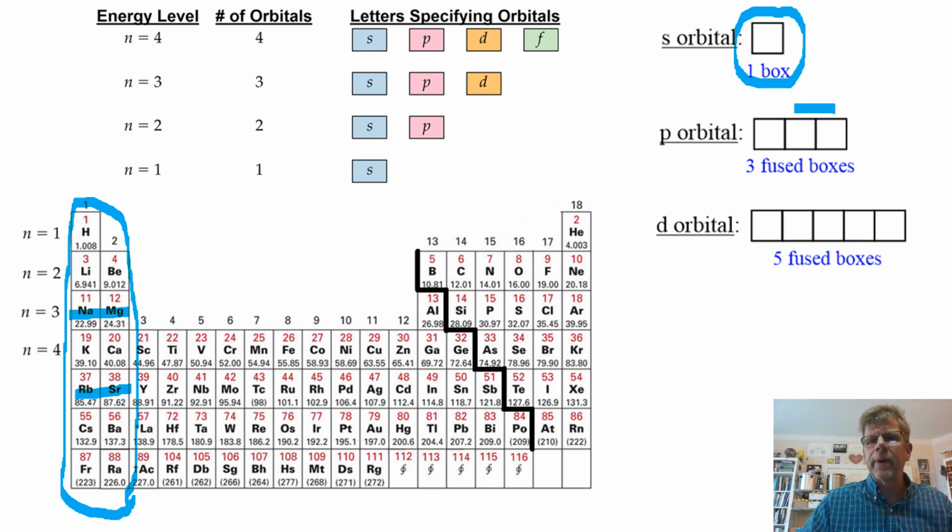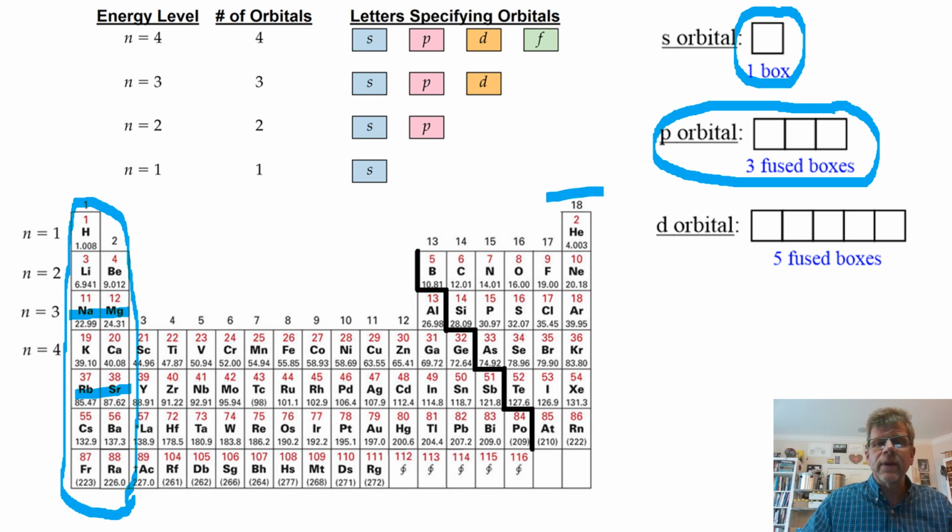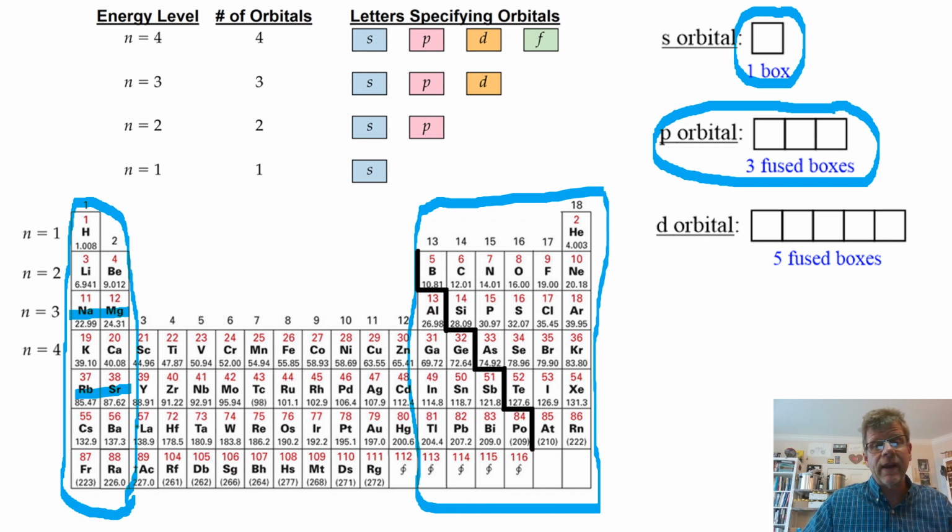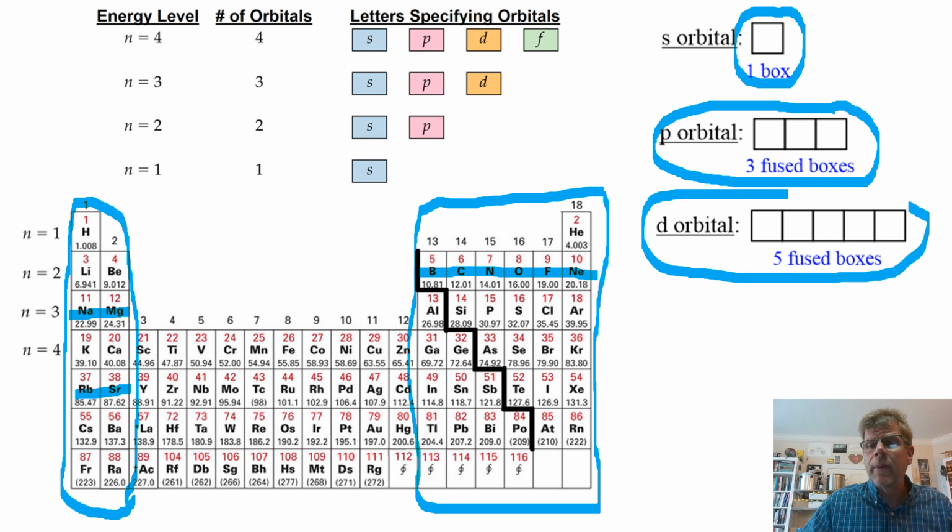Let's look at it backwards. In a p orbital, how many electrons can fit total? 6, 2 per box. How many elements thick is the p block on the periodic table? You will find that it is 6 elements thick. Again, coincidence? I think not. Maybe you see where this is going. A d orbital can hold a total of 10 electrons, 2 per box.